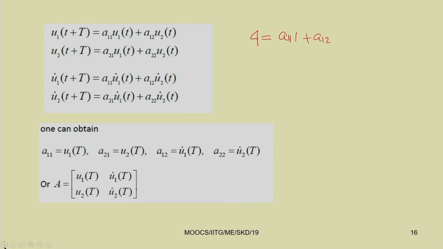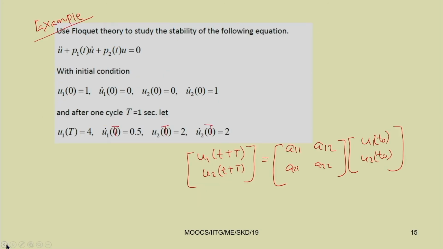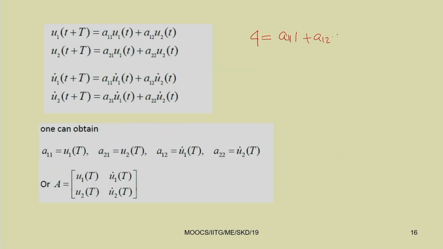You just note that u2 at t equal to 0 is equal to 0, so I can put a12 into 0.